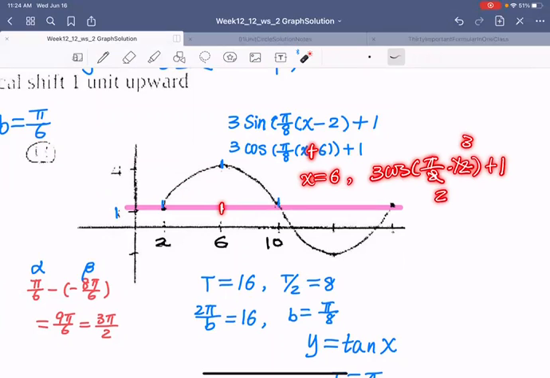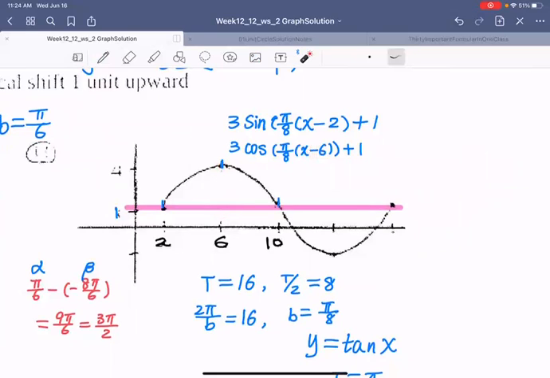Yes. Cosine 3 pi over 2 is 0. Then that term becomes 0. 0 plus 1 is 1. That means when x is 6, your point shouldn't be here. Your point should be on this location. Correct? So you know that you have to be minus 6.